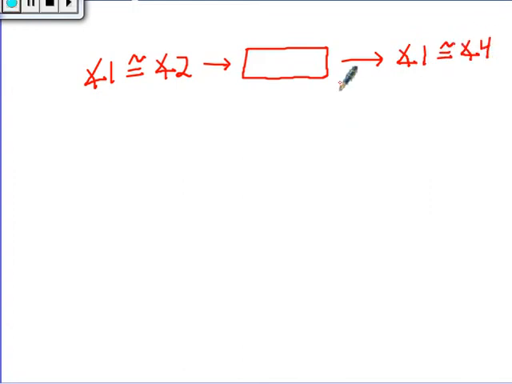And we do know that to get from here to here we use the transitive property. For those of you that know the transitive property, that alone can tell you what your answer is. Transitive property says if one thing is congruent to another thing, and that other thing is congruent to a third thing, then the first and third thing must be congruent. Just from that, and not even looking at the drawing, what has to be the missing blank?